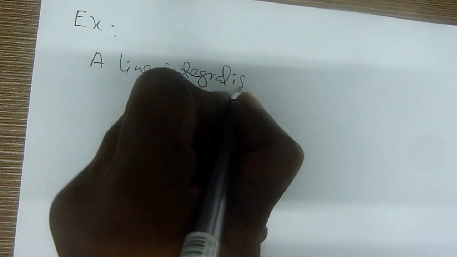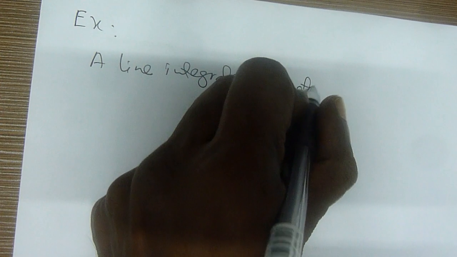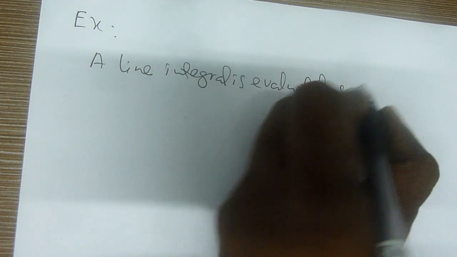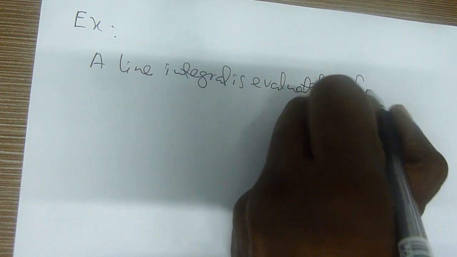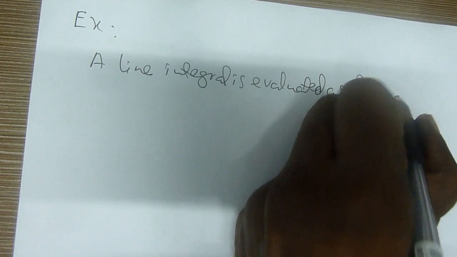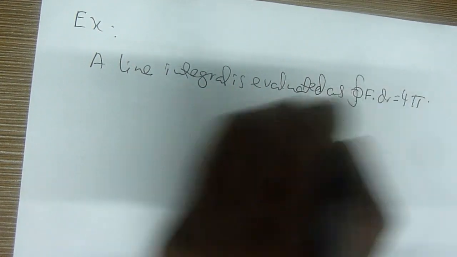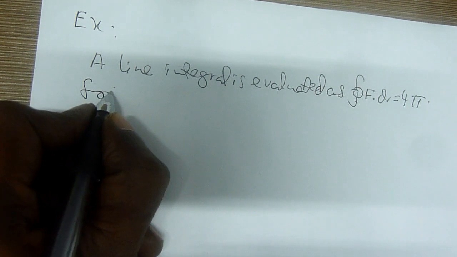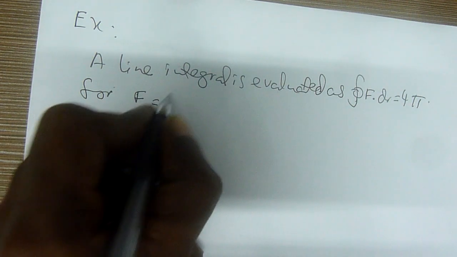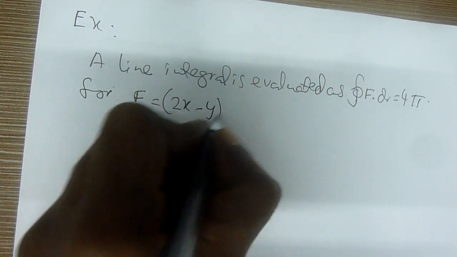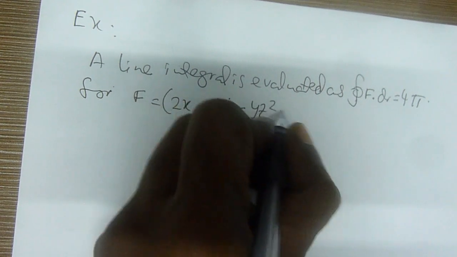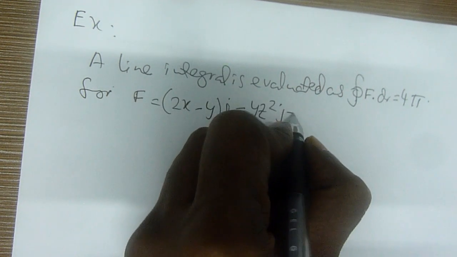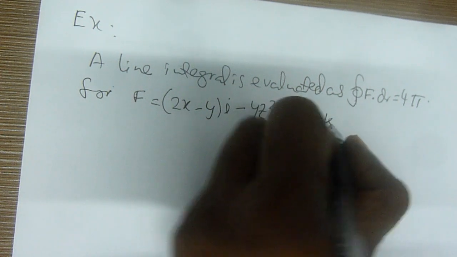Just copy at least this line. The line integral is evaluated as the integral of F dot dr for the given F equals 2xy i plus yz 2j. This is a little bit complex.